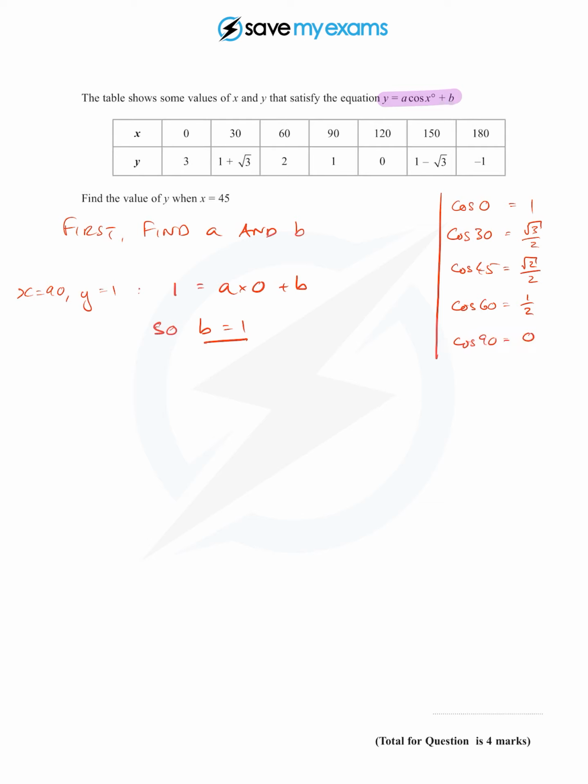Now, what's the next most simple value I can use? Well, cos of 0 is 1, so let's use that one, because that's a nice simple value too. So when x equals 0, y equals 3. So 3 is equal to a times cos of 0, which is 1, plus b, which is 1 as well. We've just worked that one out.